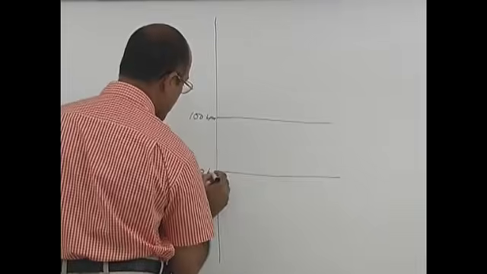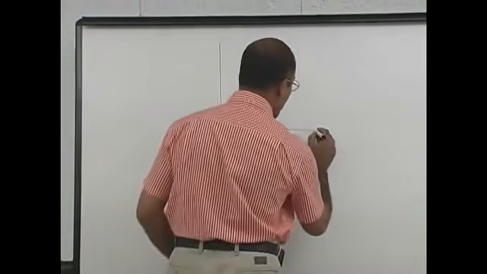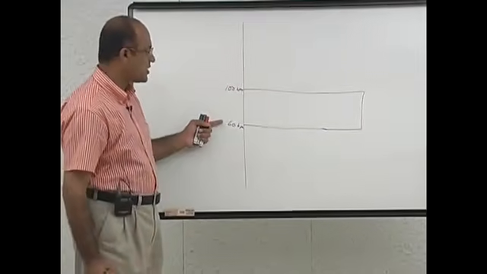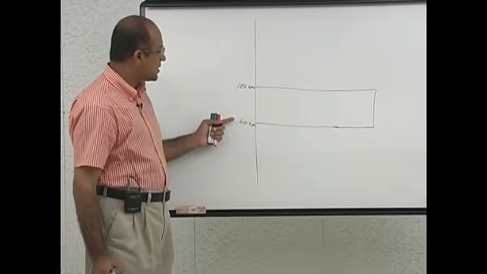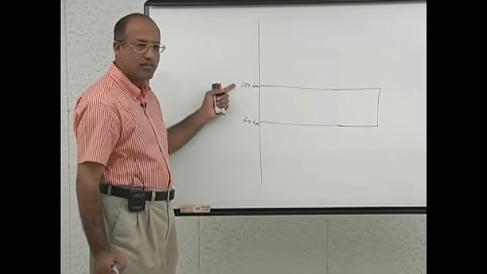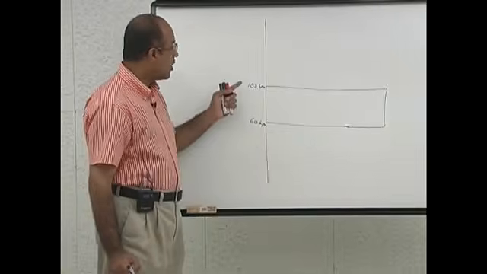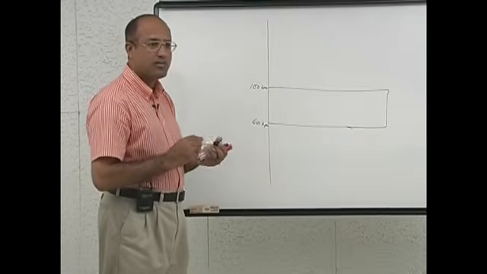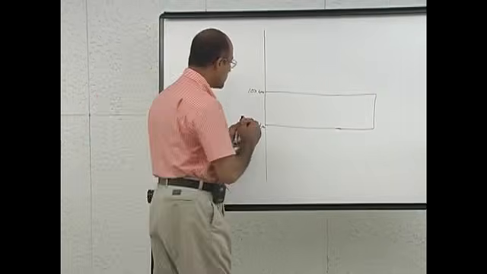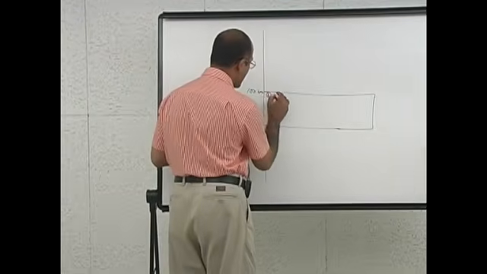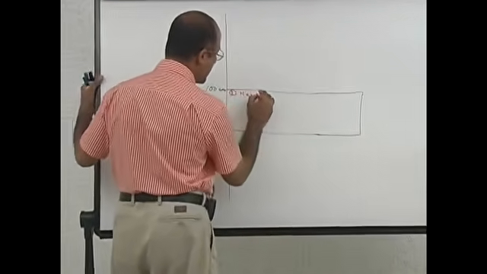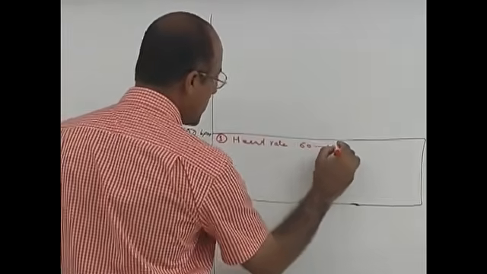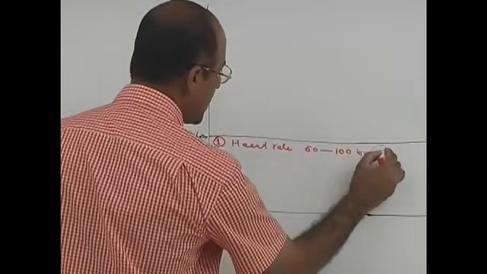If heart rate is less than 60 or more than 100, we say the heart has gone out of rhythm. So criteria number one: heart rate between 60 to 100 beats per minute.